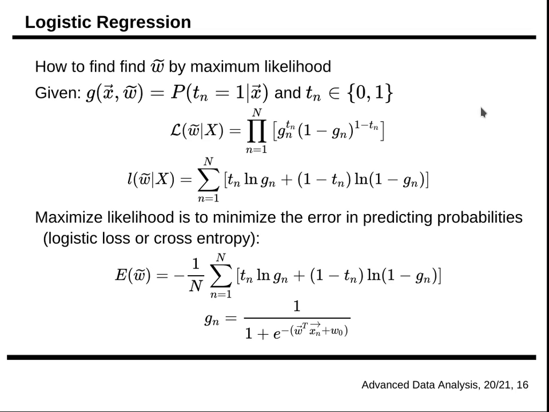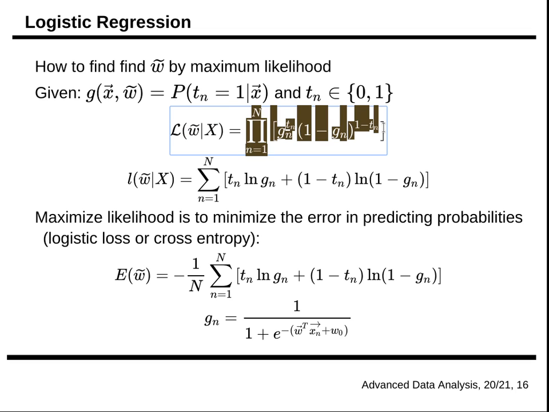I'll just go briefly through these equations, but the idea is the same that we saw before. The likelihood of our parameters given some data set is the probability of the data assuming the parameters. So the parameters determine this function, g, that gives us the probability of belonging to class 1.